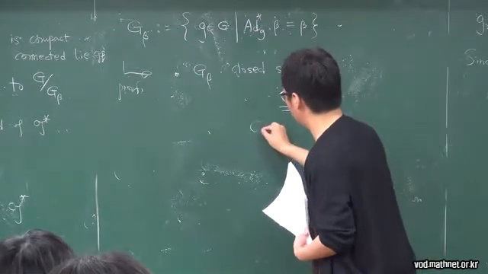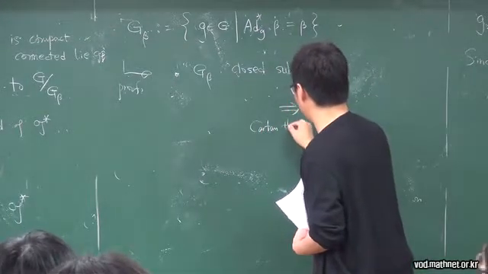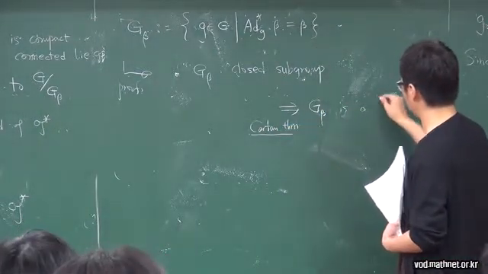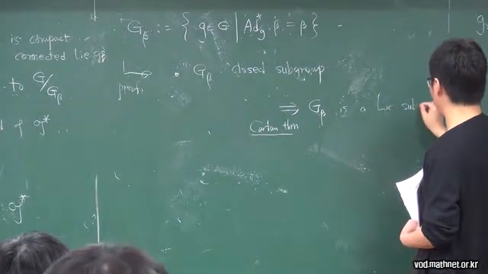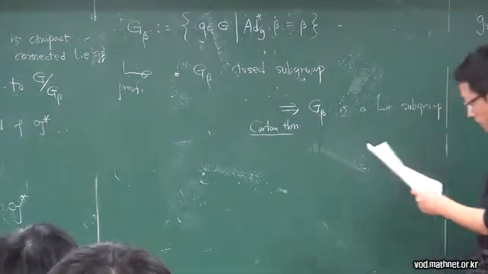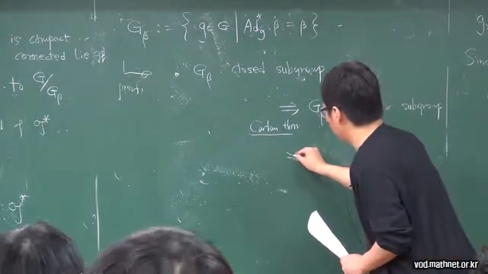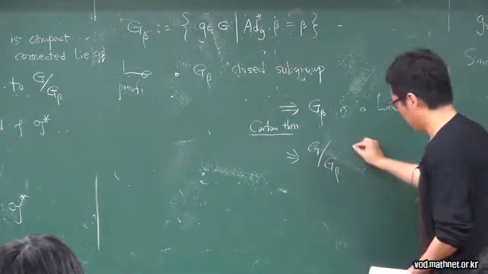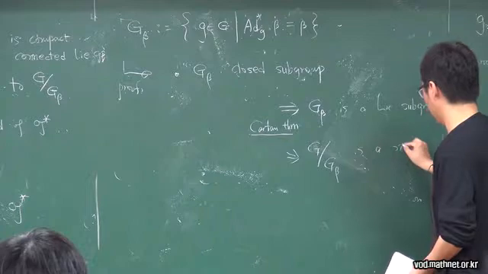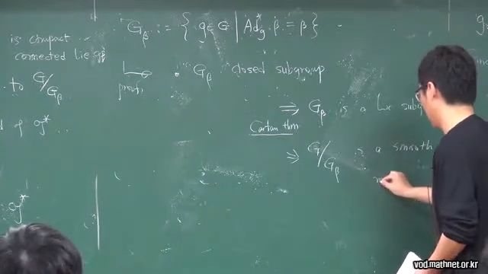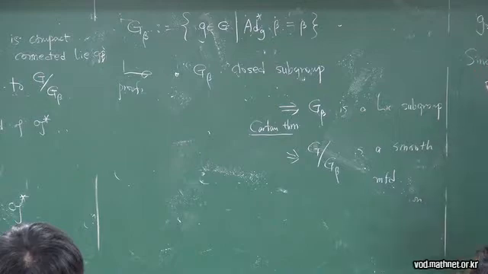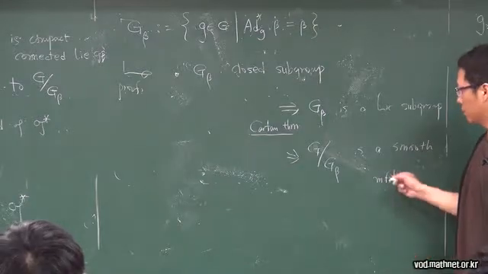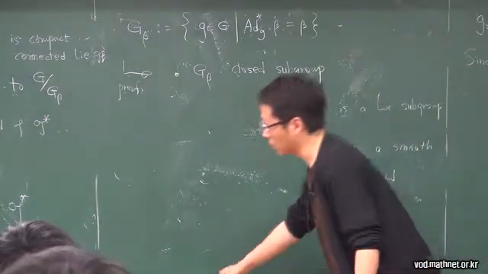This is called Cartan's theorem. So G beta is a Lie subgroup, and then it implies that G modulo G beta is a smooth manifold. Actually, if G beta is a normal subgroup, then the quotient is again a smooth Lie group.